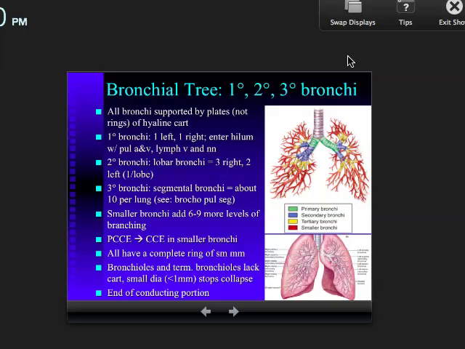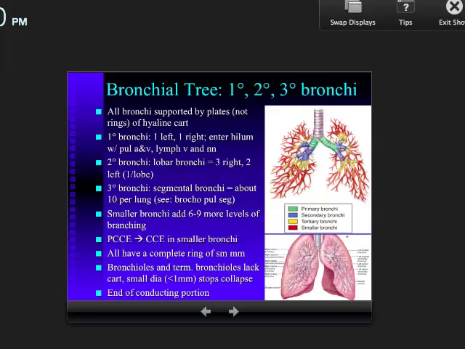So we have our primary bronchi, and then we go into our secondary bronchi, and you're going to see that there are 3 on the right and 2 on the left. Why is that? Well, I'll give you a hint. These are sometimes called lobar bronchi, as in they go to the lobes of the lung, and there are 3 lobes on the right side and only 2 on the left side.